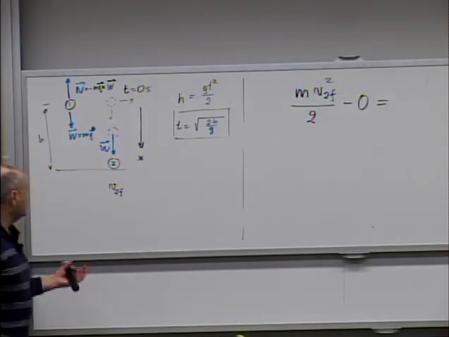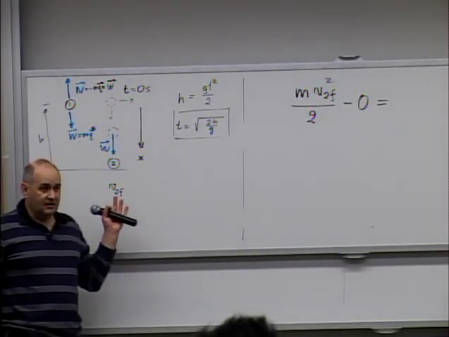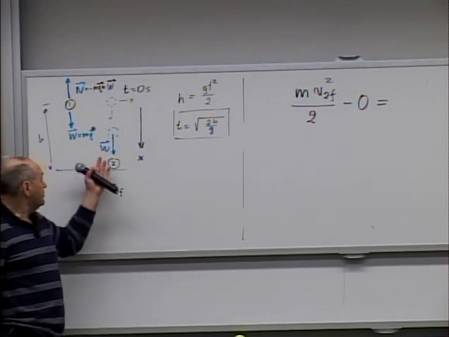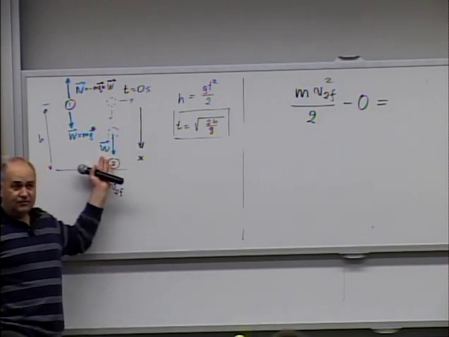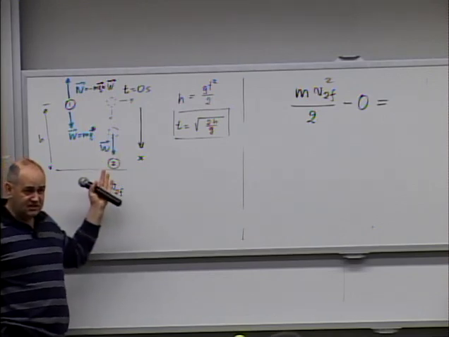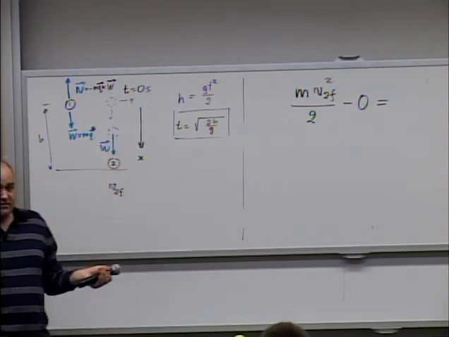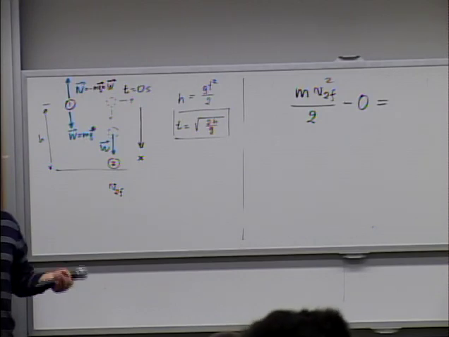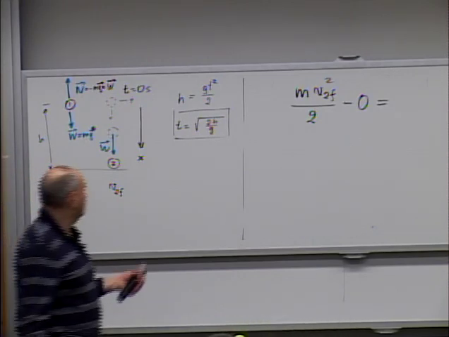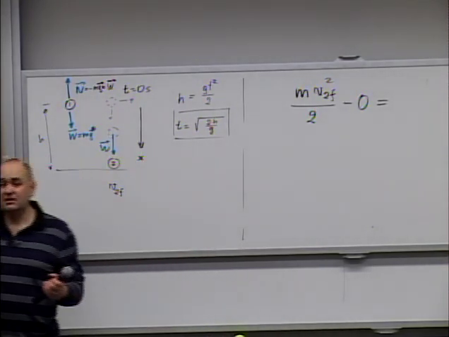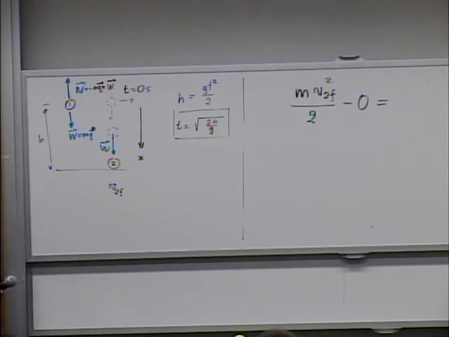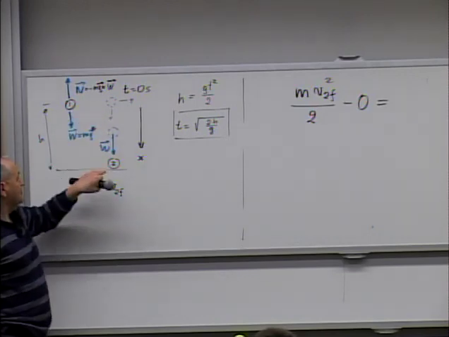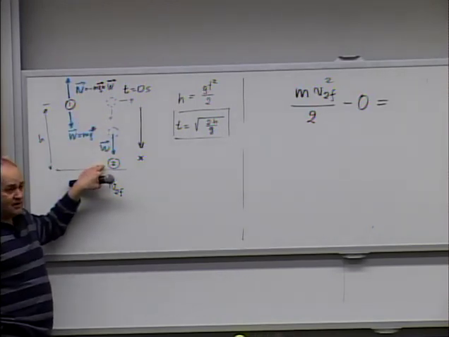And this is supposed to be equal to the work due to the net force exerted on the particle. What is the net force exerted on the particle? Just the gravitational force, right? There's only one force exerted. So the work due to gravity is the net work. Now we can use the definition of potential energy and subtract potential energies. Let's say that I will assign potential energy over here to be 0.